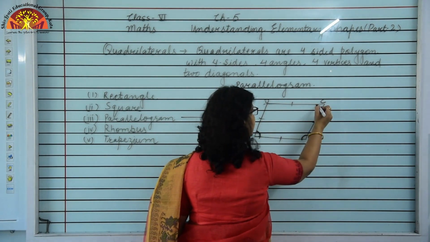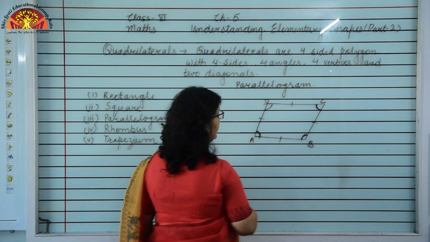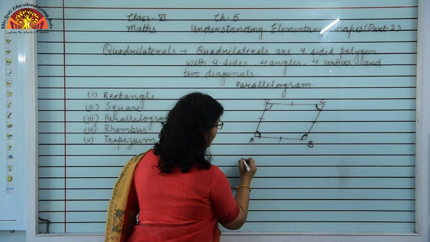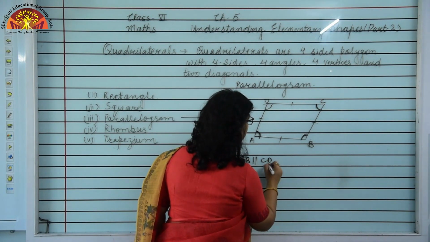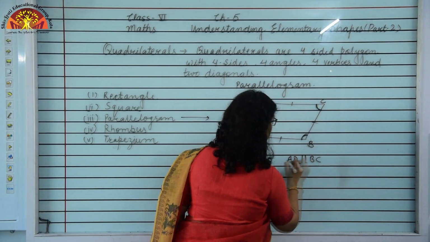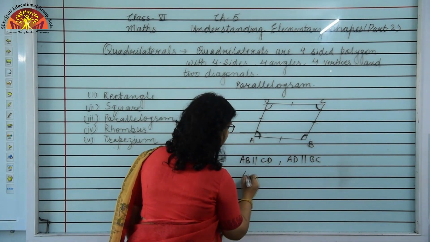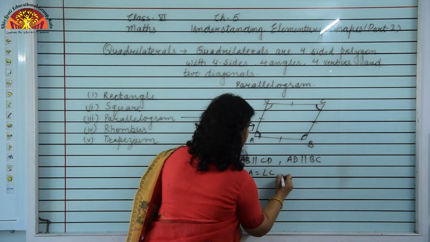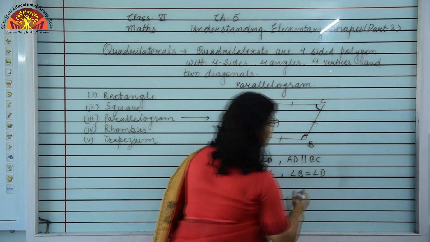Means angle A is equal to angle C and angle B is equal to angle D. So in this parallelogram, AB is parallel to CD and AD is parallel to BC. Understood? And opposite angles are equal means angle A is equal to angle C and angle B is equal to angle D.